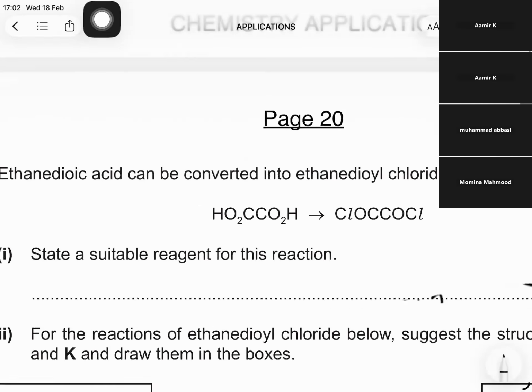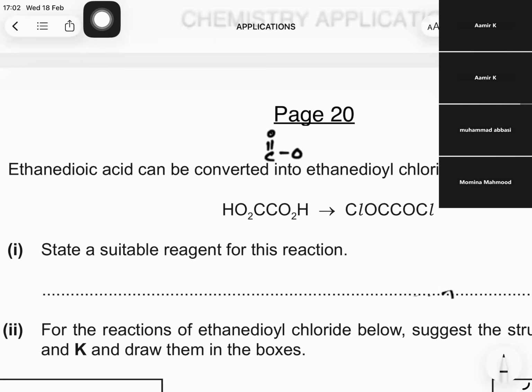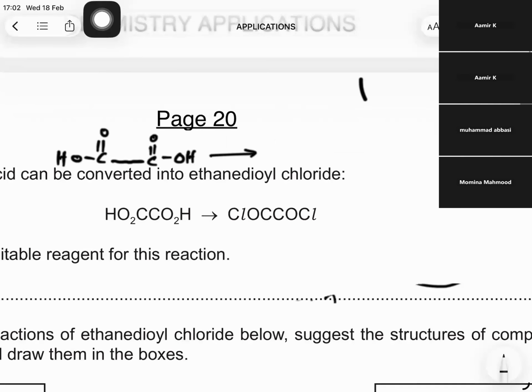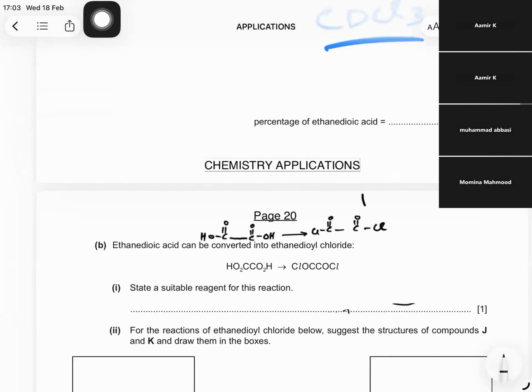G COOH turns into COCl and COCl. This is the one. So we are looking for the reagent for this. Can you tell me the reagent for this? What is the reagent for this?